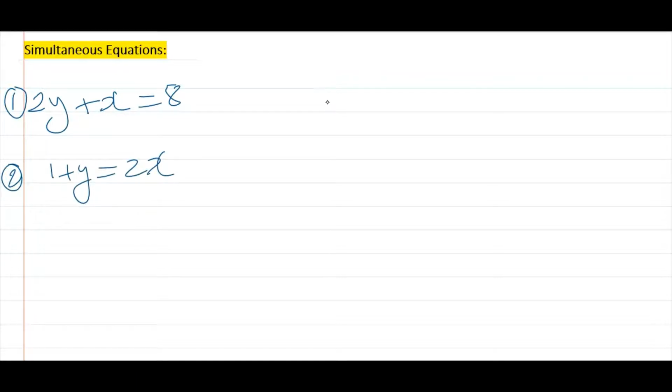The first one we're going to be solving these simultaneous equations by substitution. Let's start.